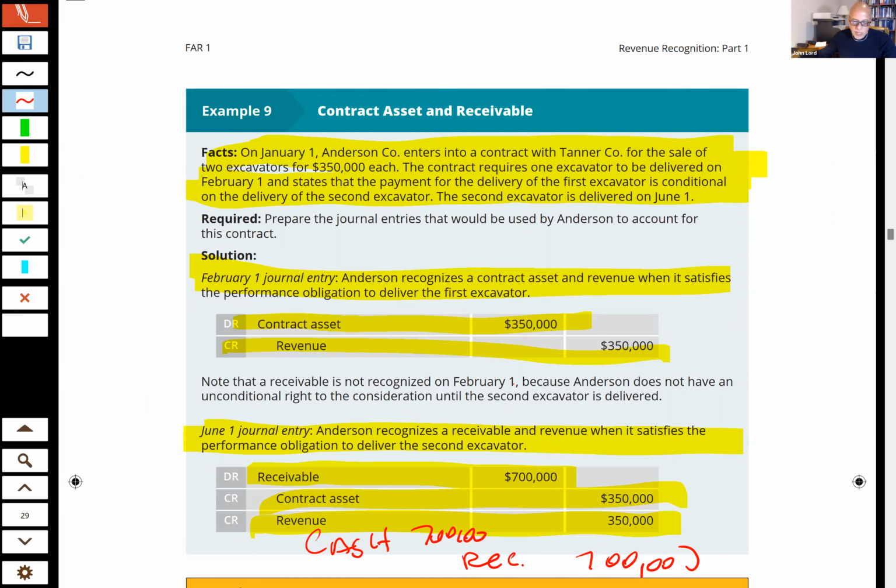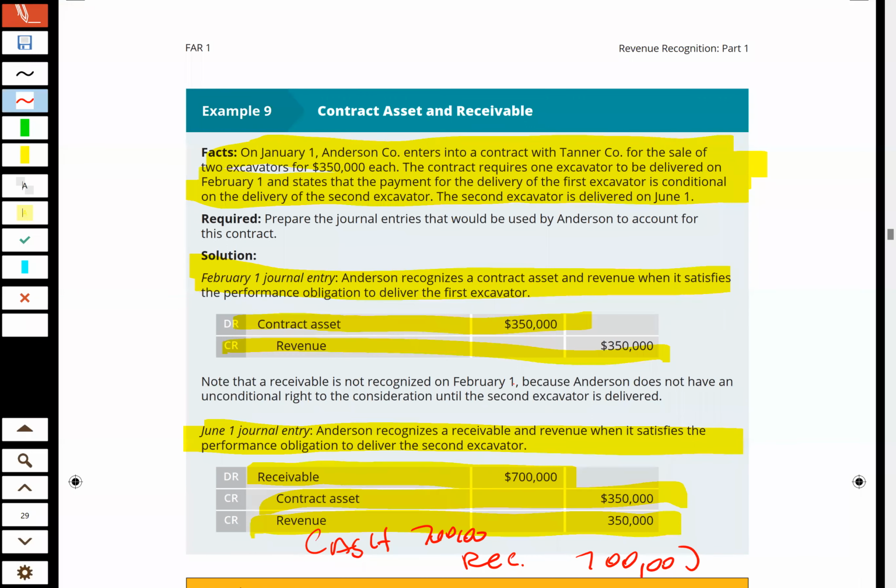And if, let's say, we had a fiscal year end of March 30th, you would have an improper matching of revenue and expenses because you would have incurred certain administrative expenses and whatnot at that point in time. Yet you delivered that excavator, yet you're not taking any of the revenue, right? So you'd have a problem with the matching.